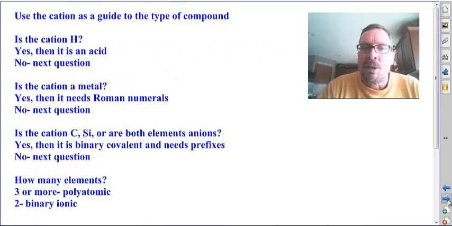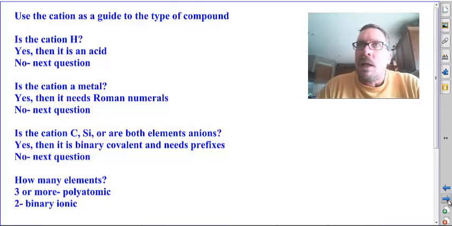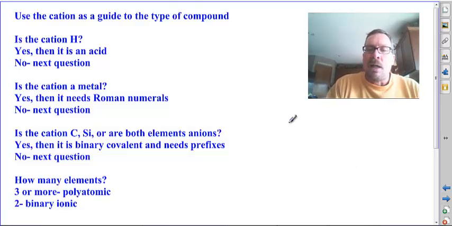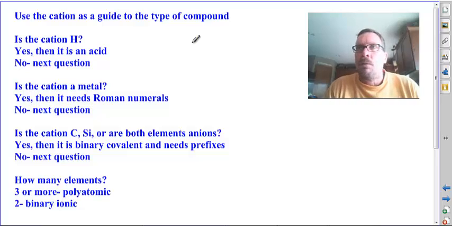My last tip is going to be this guy. It is very simple to name all of the compounds when you know what it is, when you're told. When you have a sheet that says just name this whole list of binary ionic compounds or name this whole list of acids or whatever. The difficulty and the skill comes in making sure that I can identify the type of compound it is when it's in a list with all varieties.